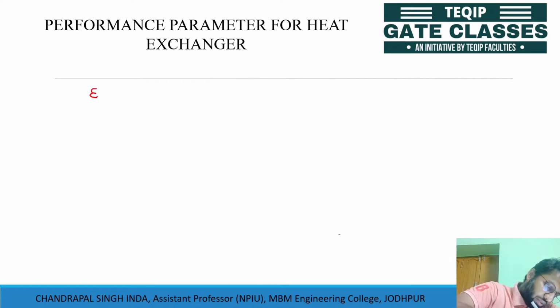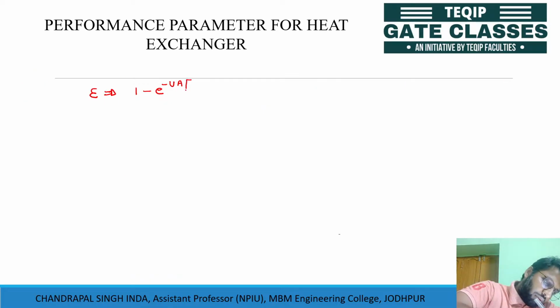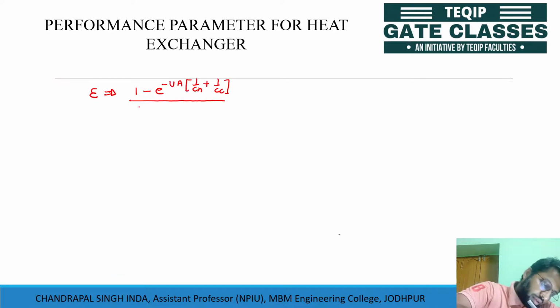The effectiveness of the heat exchanger is equal to 1 minus e to the power minus UA (1 by Ch plus 1 by Cc), divided by C minimum (1 by Ch plus 1 by Cc).